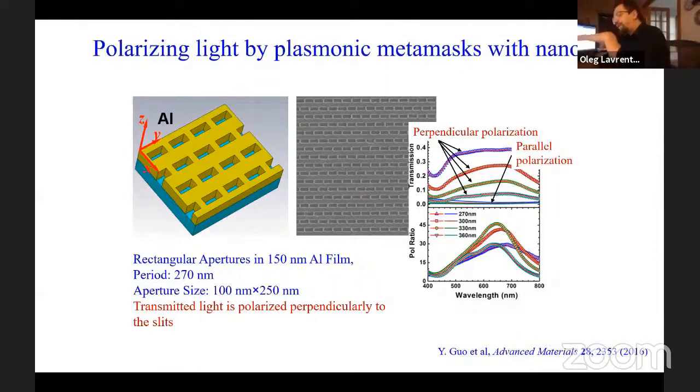If non-polarized light passes through such a film, then each nanoslit would produce a linear polarization of the transmitted light along the direction that is perpendicular to the long axis of the nanoslit. You can say that, well, it's nothing interesting because one can achieve linear polarization by many different means.